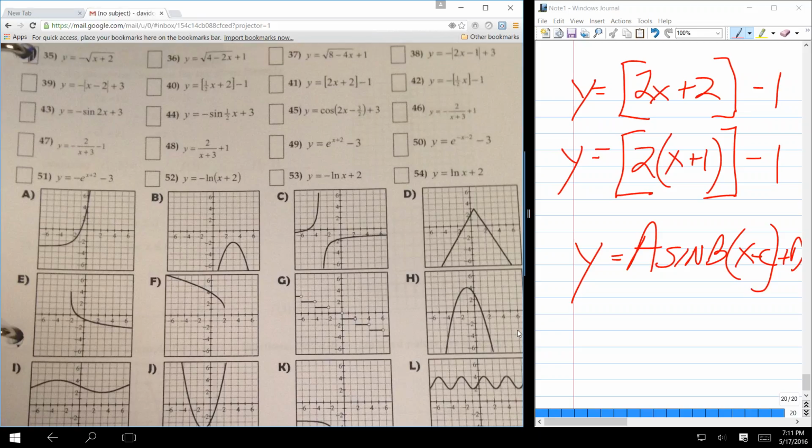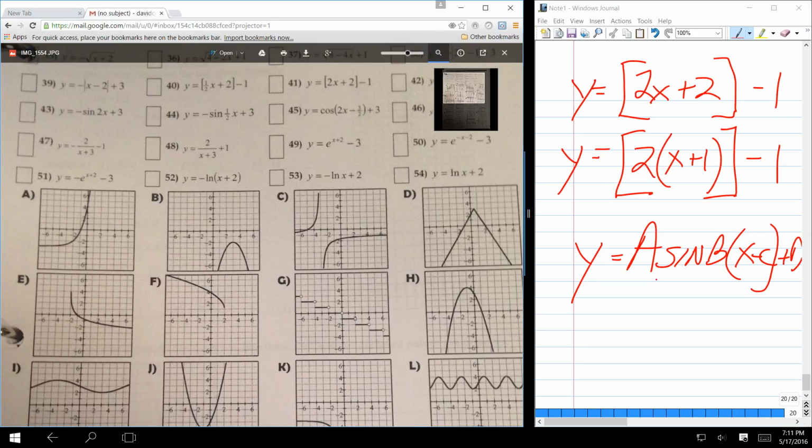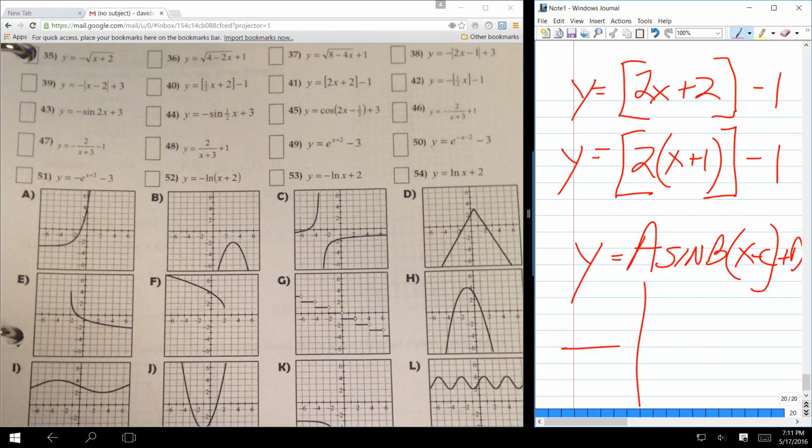B, L? Not L, and I'll tell you why. If you start with the sine function, and you flip it, what you get is this. So whatever we're going to look at, if it hasn't been laterally shifted, it's going to look like my blue line.